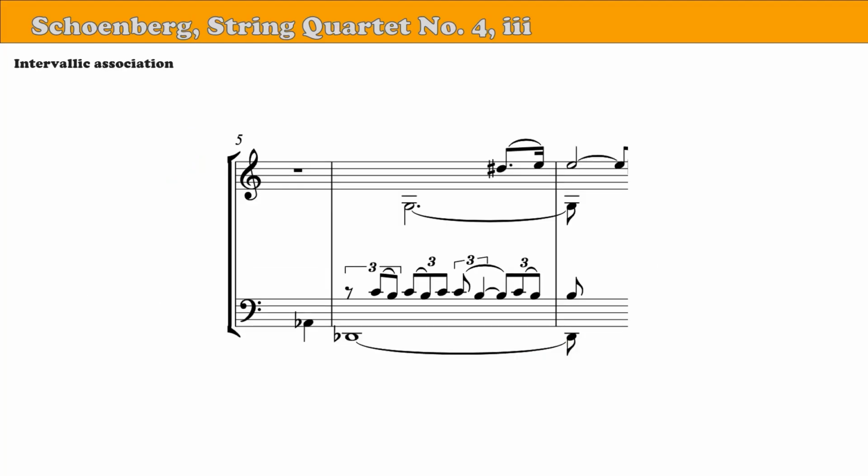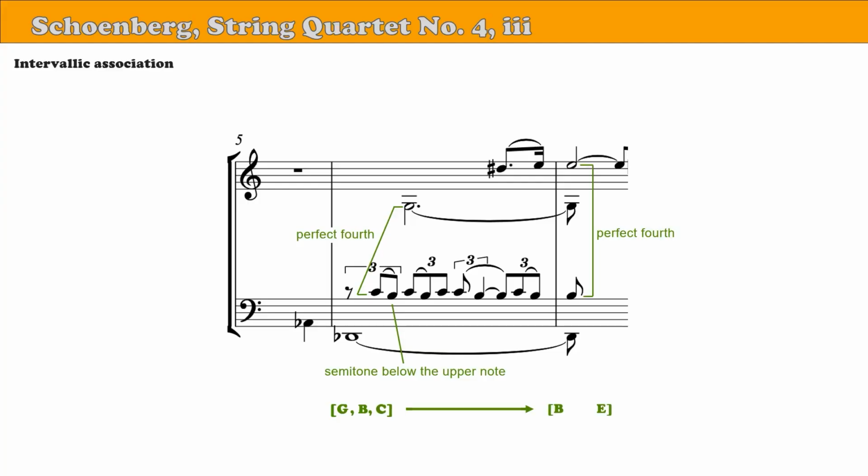Babbitt is interested in other notes occurring in proximity to his perfect fourths. Here, the GC perfect fourth has a note a semitone below its upper note. And so does the BE perfect fourth a moment later.